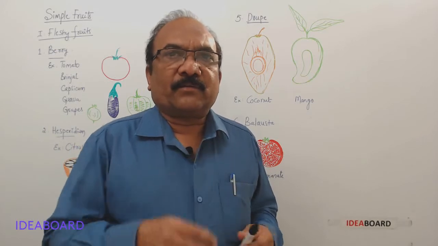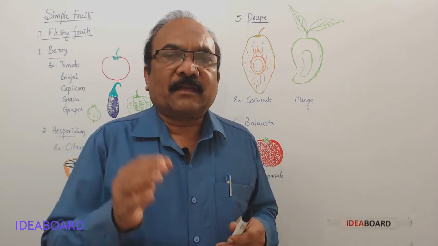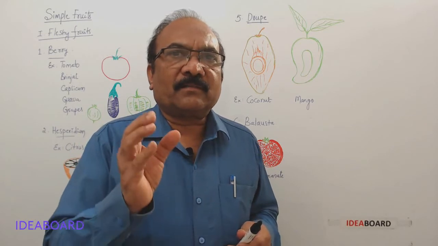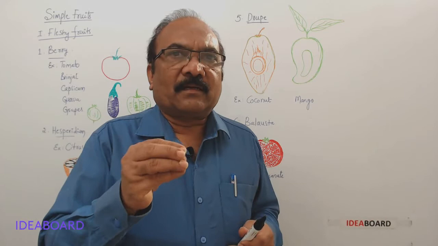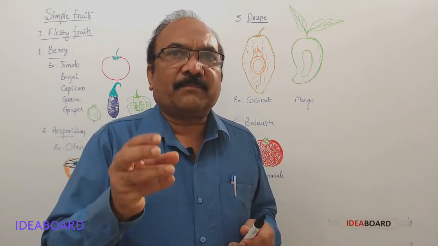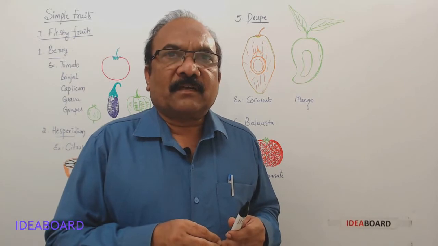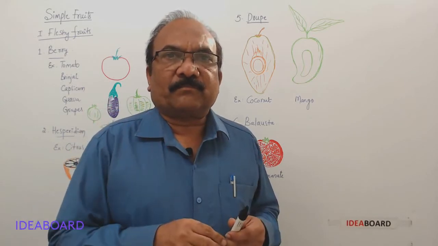In this video we are going to discuss the remaining part of the fruit. In the previous video we discussed the different types of fruits, and there we discussed only the flow chart.